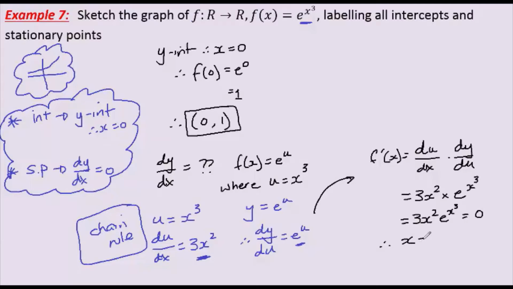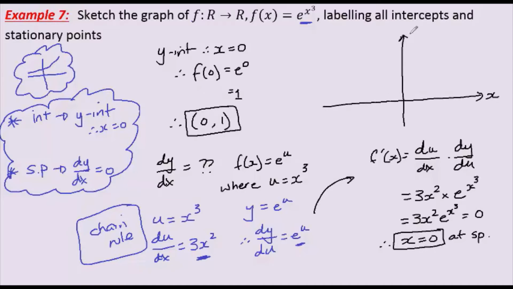So I also know that x equals 0 at the stationary point, because if I put a 0 in here, everything's going to equal 0. Any other number, and this will equal a number other than 0. So I know that x is 0 at the stationary point, so this point (0, 1) is not only the y-intercept, but it's also the stationary point.